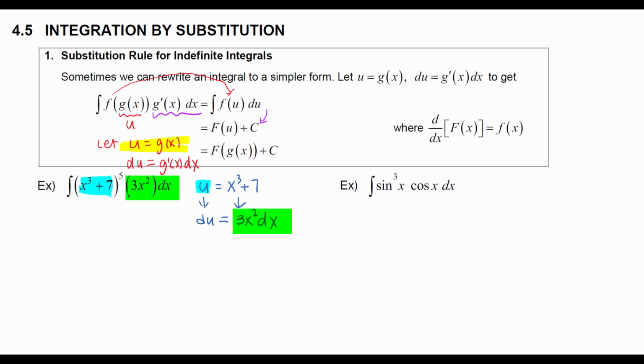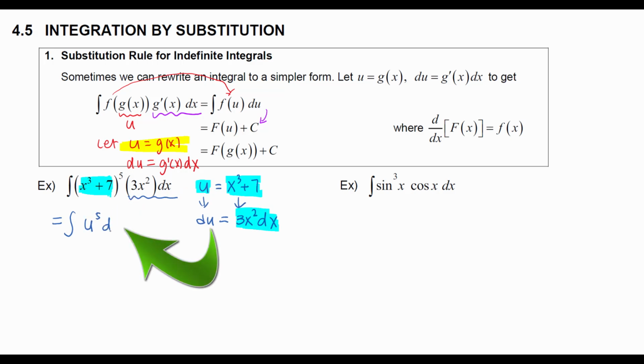And that's exactly what is multiplied right next to the composite function. So now you're going to substitute x to the third plus 7 by u, and you're going to substitute 3x squared dx by du. So then my integral just becomes the integral of u to the fifth power du.